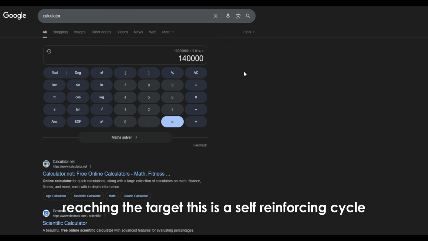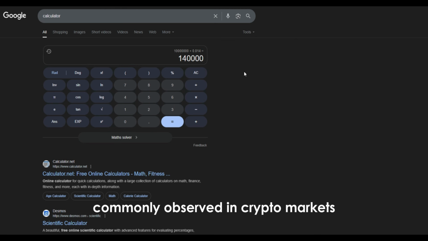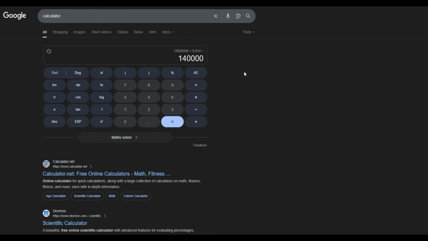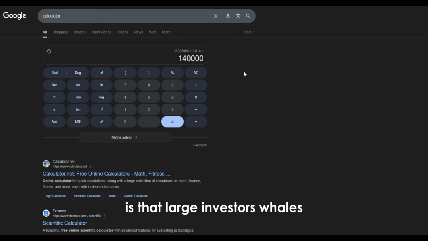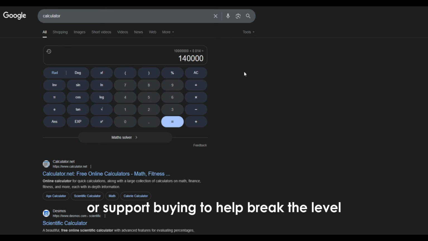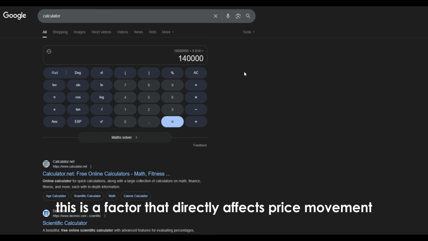This is a self-reinforcing cycle commonly observed in crypto markets. Another reason the 10-cent target is significant is that large investors, whales, also closely monitor such levels. Whales may realize profits as the price approaches these levels or support buying to help break the level. This is a factor that directly affects price movement.